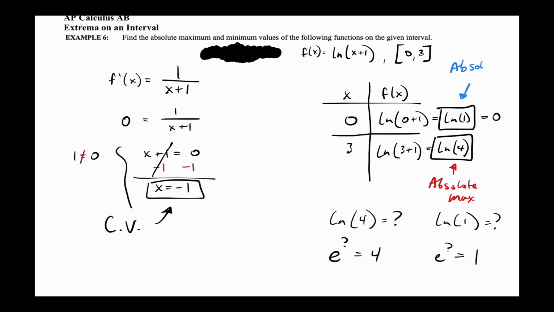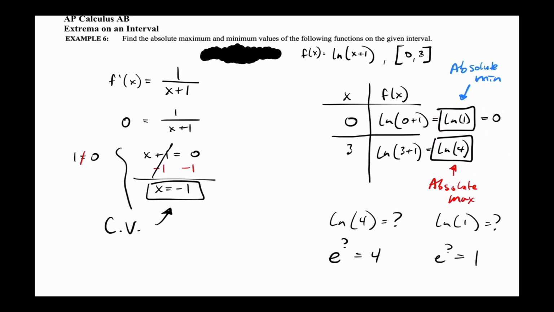Since there were only 2 points that I checked, since the critical value was not in the interval, let me write that down in the notes. Not within the interval.